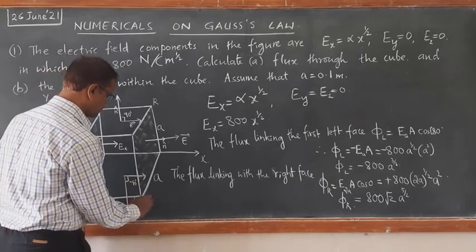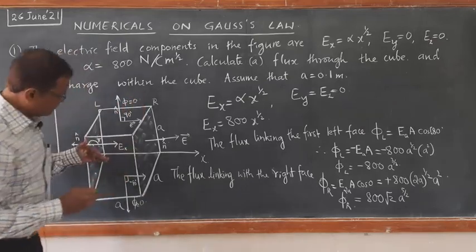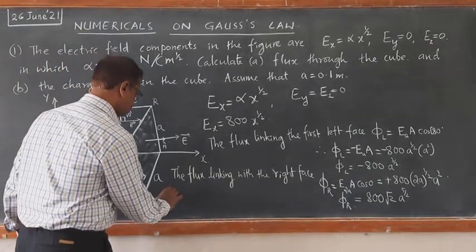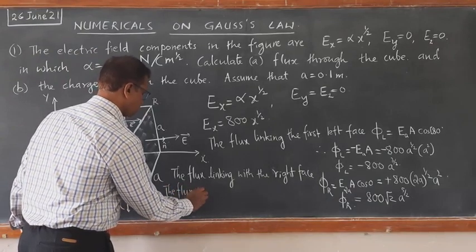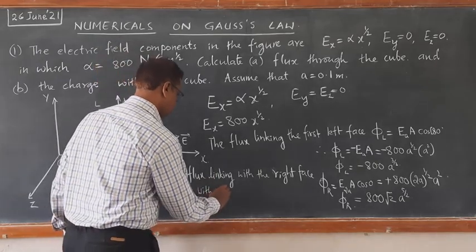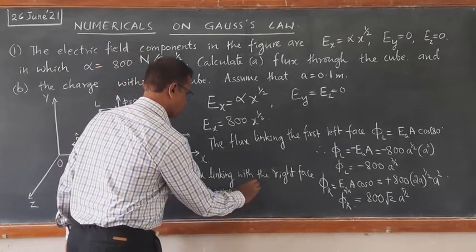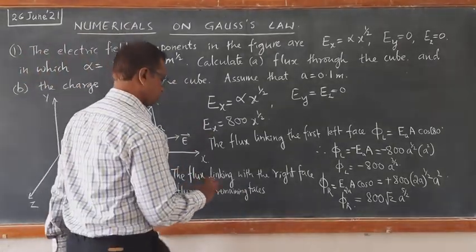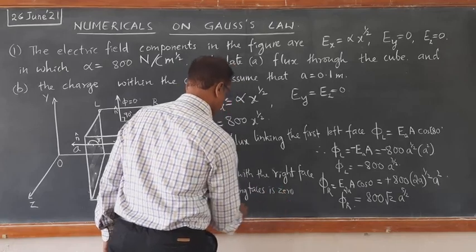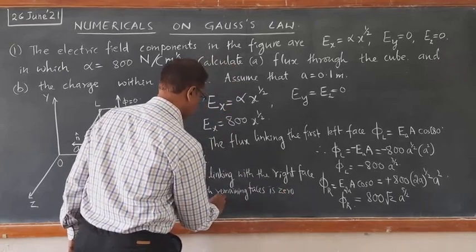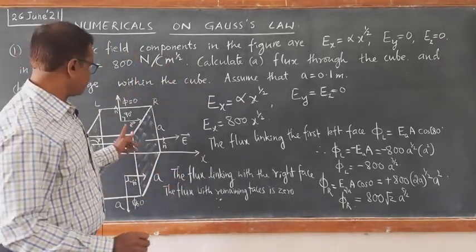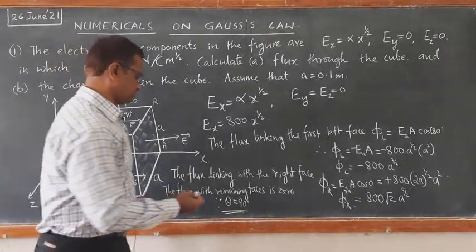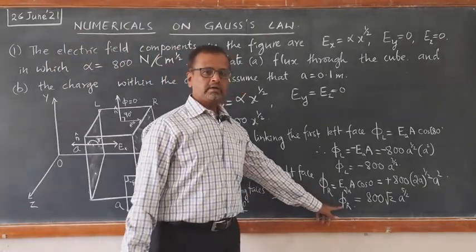In the same way, the flux linking with the front surface and back surface is also 0, because the angle between the area vector and the electric field is 90 degrees. So there is only flux contribution from the right face and the left face.